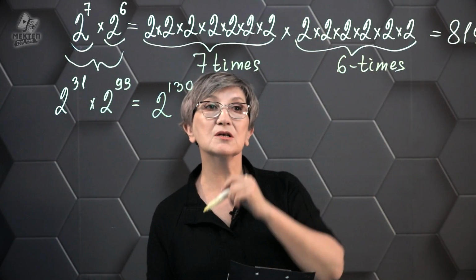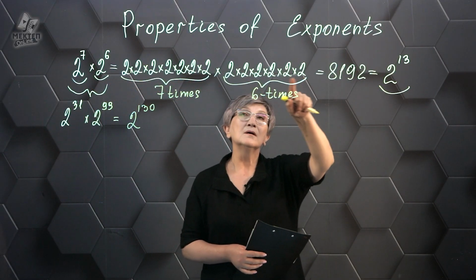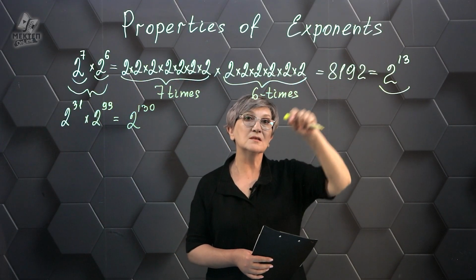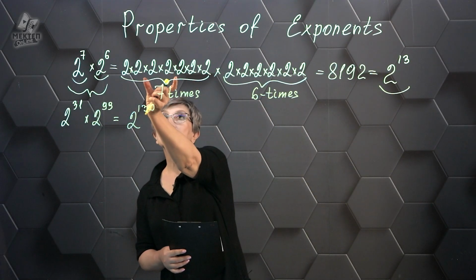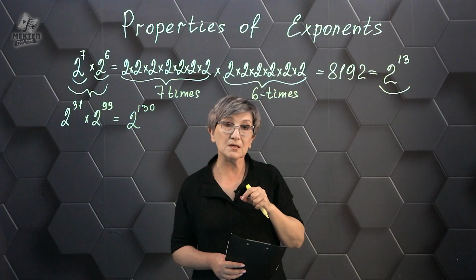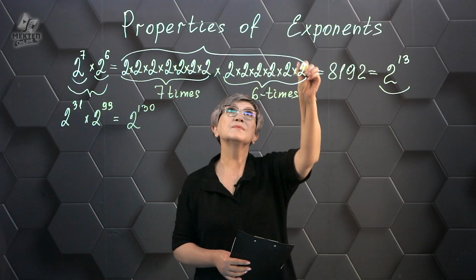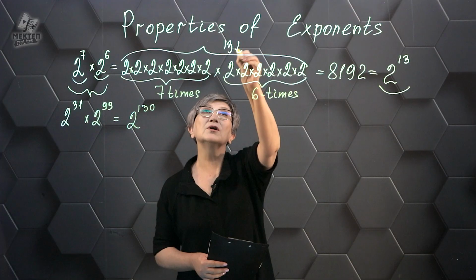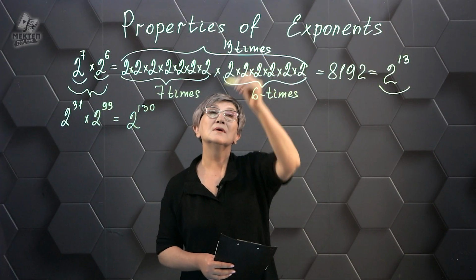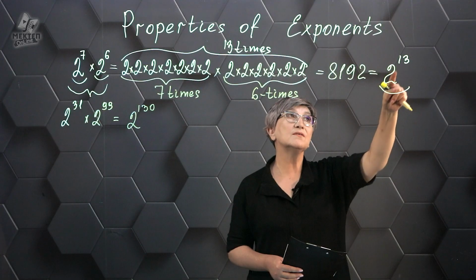Let's go back to our example. I wrote down the number 2 7 times, and then I wrote down the number 2 6 times. The result is that I ended up with 13 twos. And then I can write down that the answer is 2 to the power of 13.